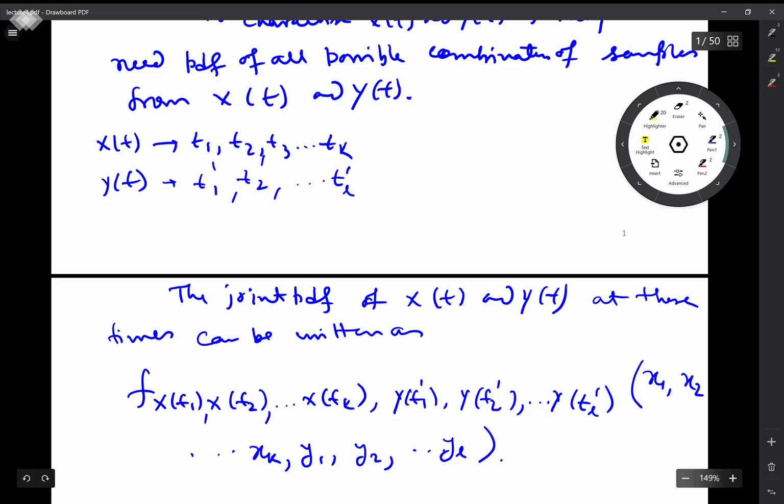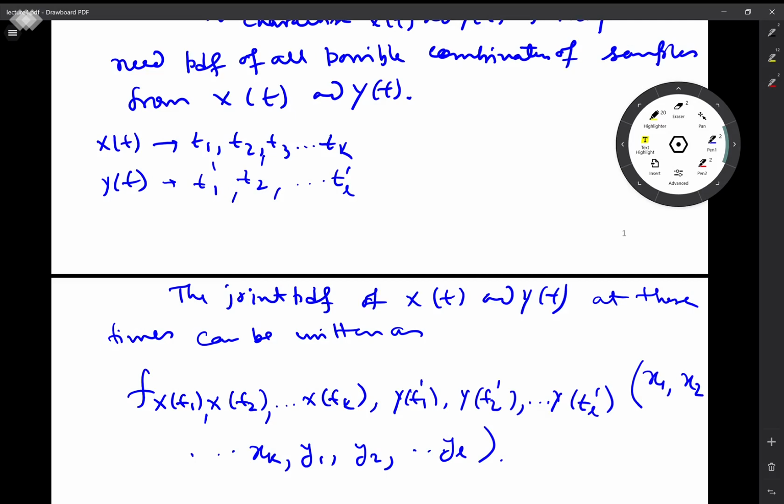If we know this joint PDF of X at times t1, t2, t3 up to tk and Y at times t1 dash, t2 dash up to tl dash, we can say that we have characterized the two random processes together.